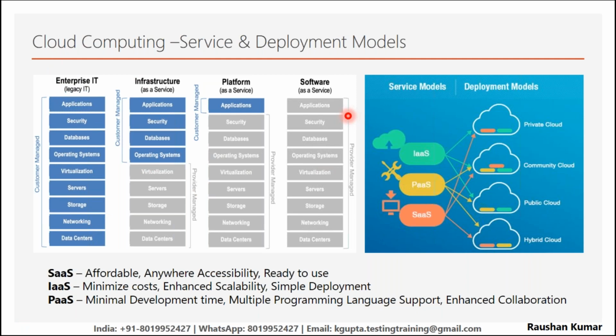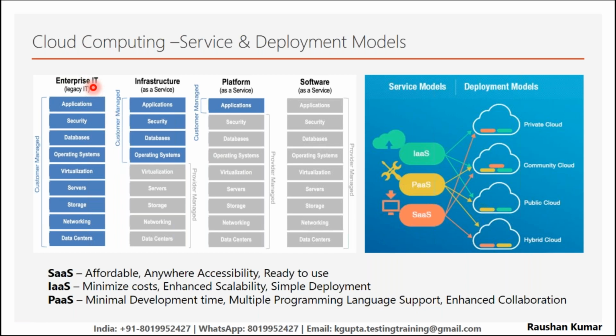But now, because of the cloud, we can have all this over the internet. That's the main definition of the cloud. You can have your data centers, networking, storage, servers, virtualization, operating system, databases, security, applications, everything over the internet.